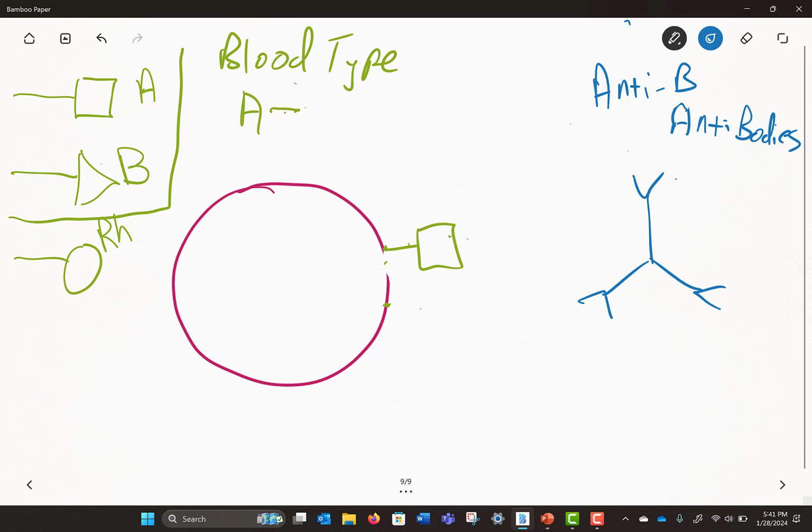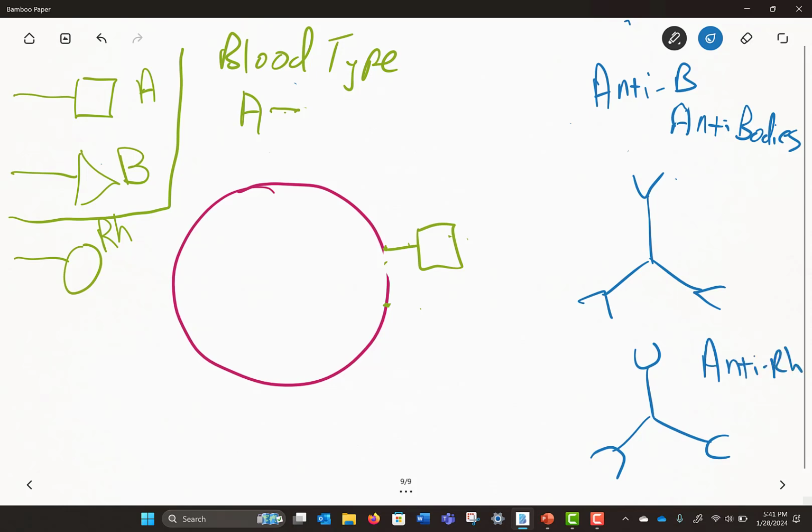They cut their thumbs and rub them together for who knows what reason. Whatever happens, if this person comes into contact with Rh positive blood, then from that point forward, their body makes anti-Rh antibodies.